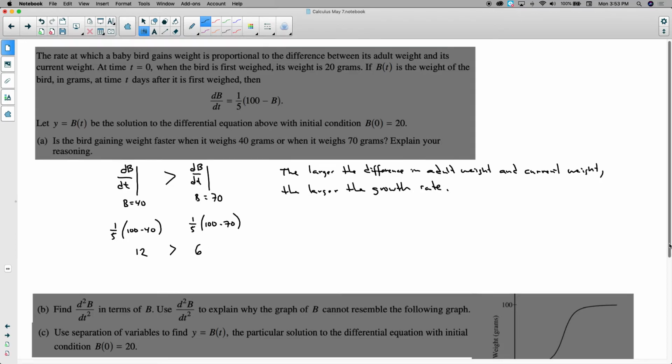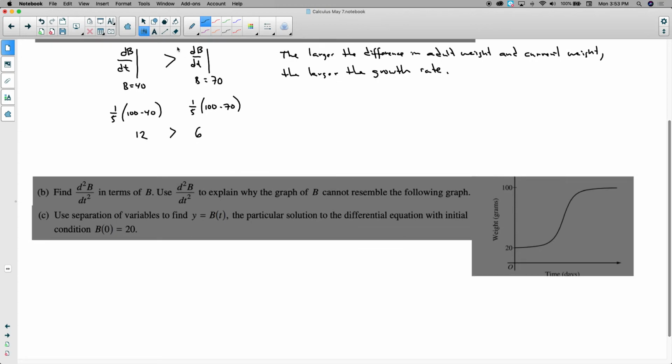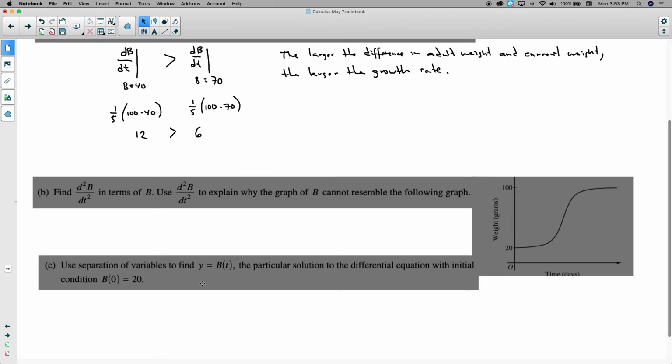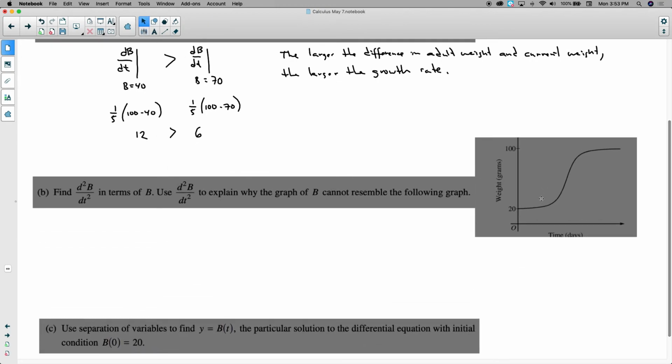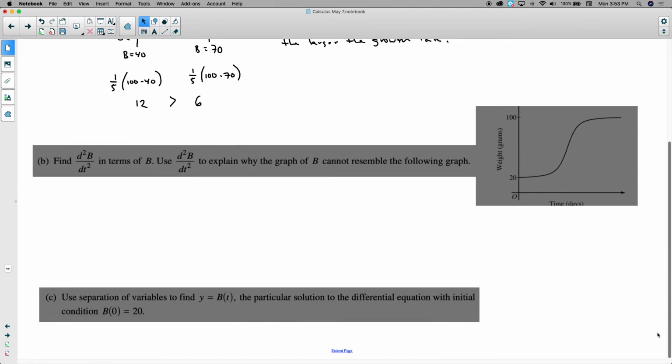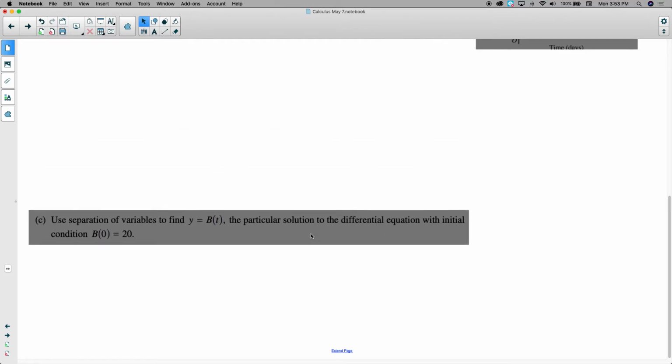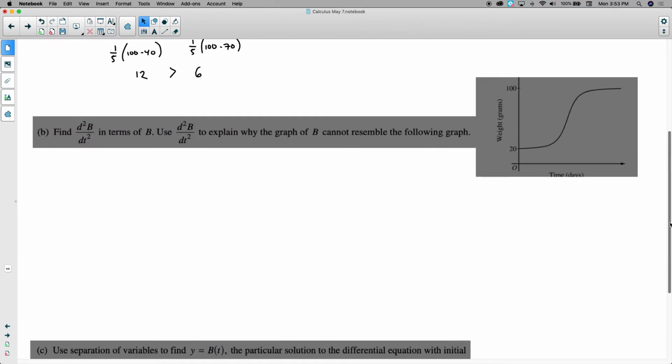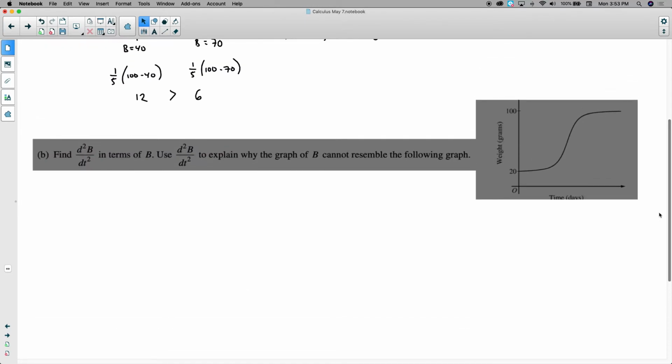Let's move on to B, which involves that picture. So let's get that picture just attached to that, and let's get part C off the picture so we can just concentrate on B here. It seems like we've seen a problem like this recently.